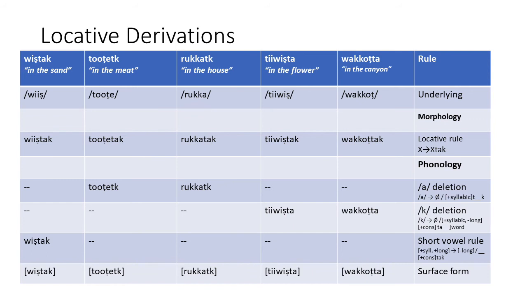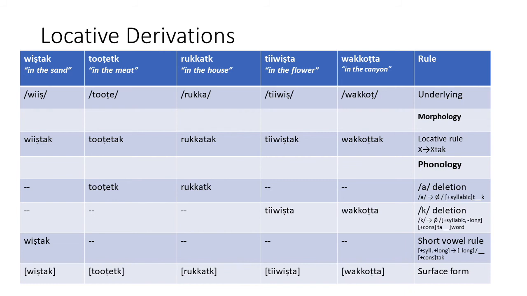K deletion rule says that K is deleted if there is a short vowel followed by a consonant. Now, as we can see here, wiishtak does not have a short vowel. It's a double I. So that's a long vowel. This rule does not apply to it.